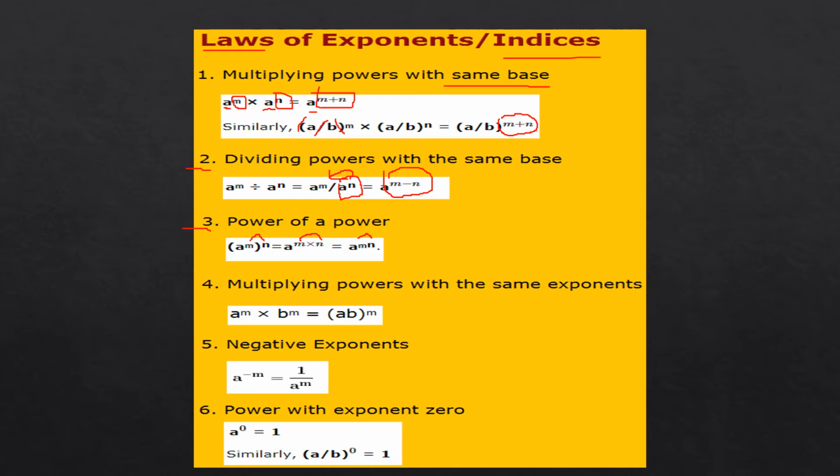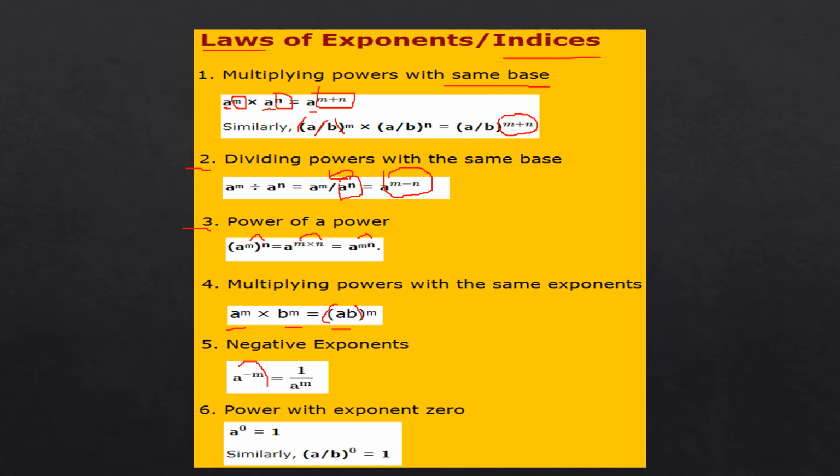So for multiplying powers with the same exponent, we have the same exponent here but a different base. Different base but same exponent, so it'll be just like this. Number 5, we have a negative exponent.